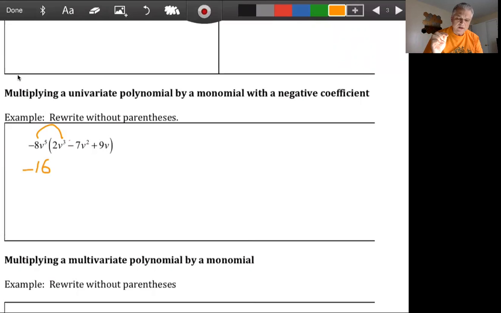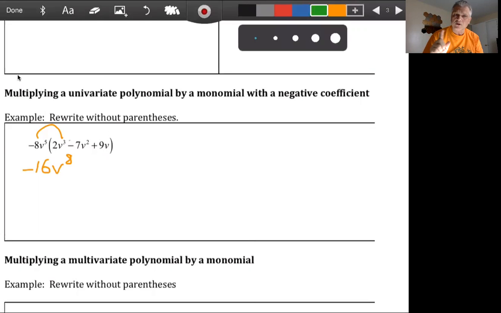V to the 5th times v cubed: 5 plus 3 gives me a power of 8. So I've got negative 16 v to the 8th power for my first term.